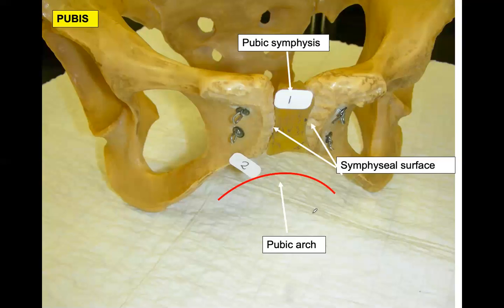The arch created by putting the two pubic bones together is called the pubic arch. The cartilage that holds this together, this structure right here, is called the pubic symphysis. And the surfaces where the cartilage comes together are called the symphysial surface.